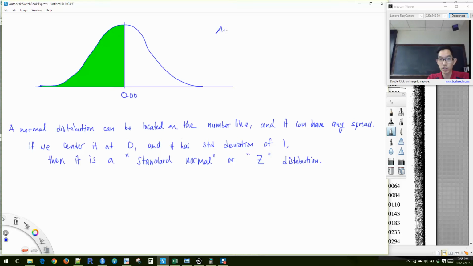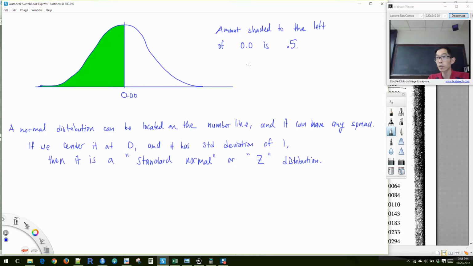So the amount shaded to the left of 0.0 is what? Left of 0.0 is 0.5, right? So the amount shaded to the left of 0 is 0.5, okay?